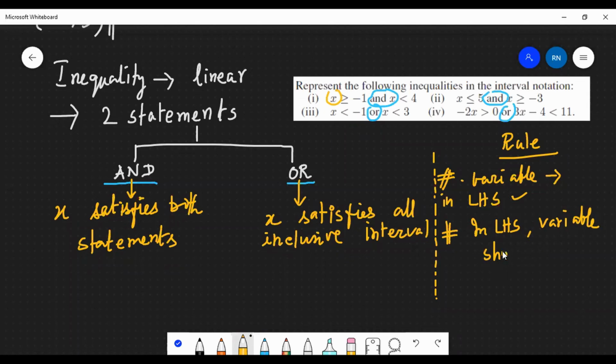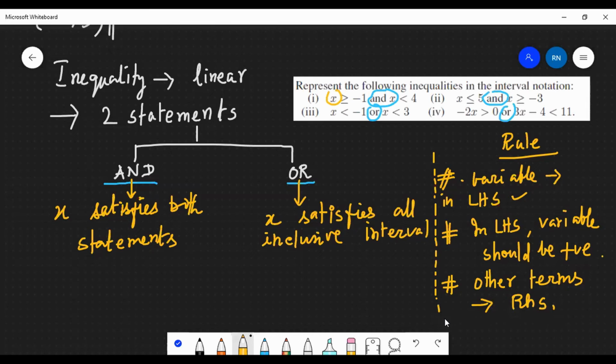This is a very important part. Keeping it negative, we can't solve. So it should be positive. And all other terms except the variable term are taken to RHS. They must be taken to RHS.